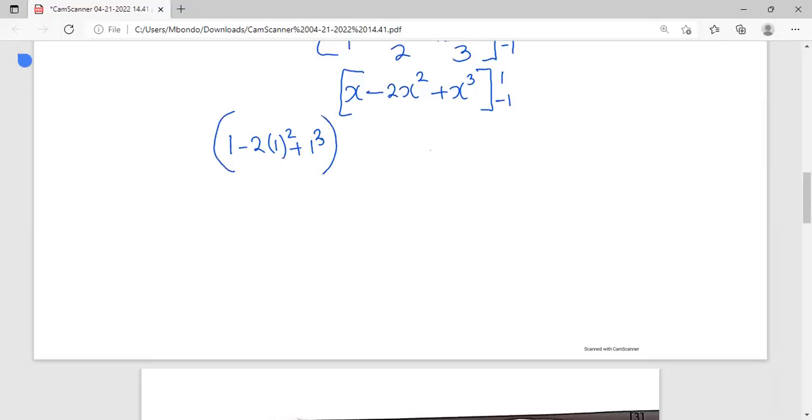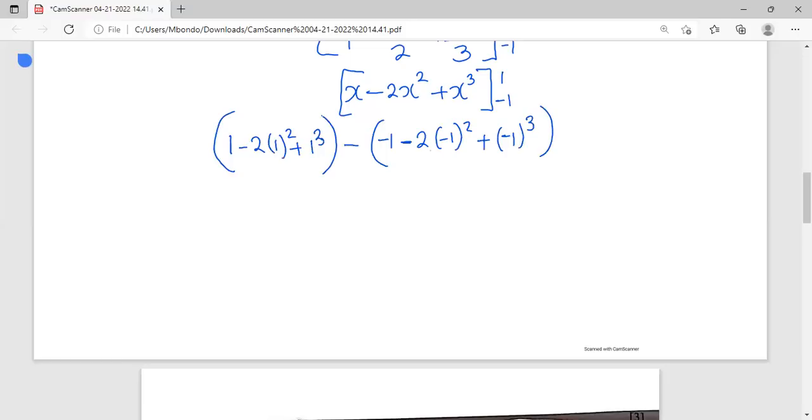Then minus, we repeat the same process. Now, x will be replaced by negative 1. So here we have negative 1, then minus 2 times negative 1 squared plus negative 1 cubed. Then we enclose like this.